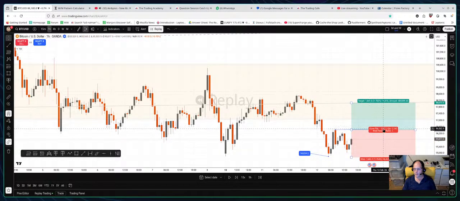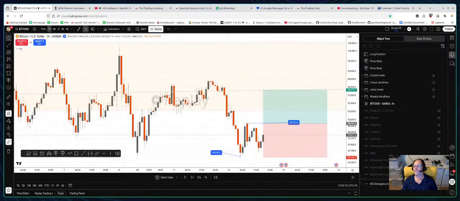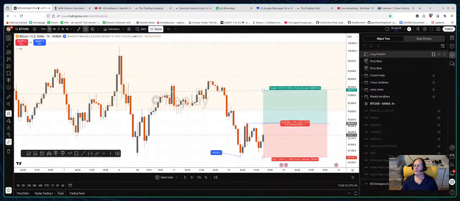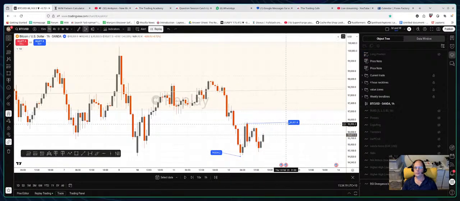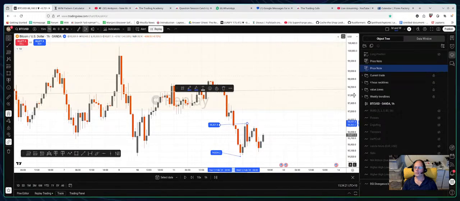So we're practicing. I want to grab the price tag, but the long position's in the way. Let me just minimize and get rid of it. Put the long position back so we can do a buy.